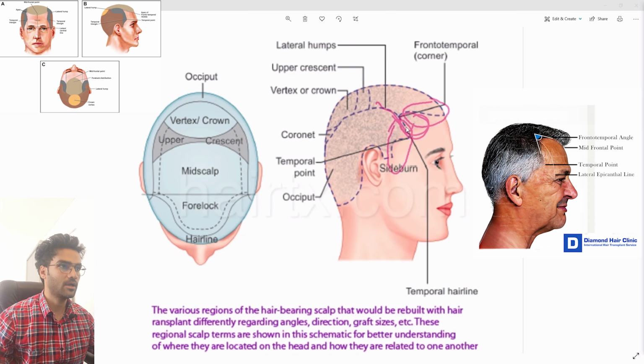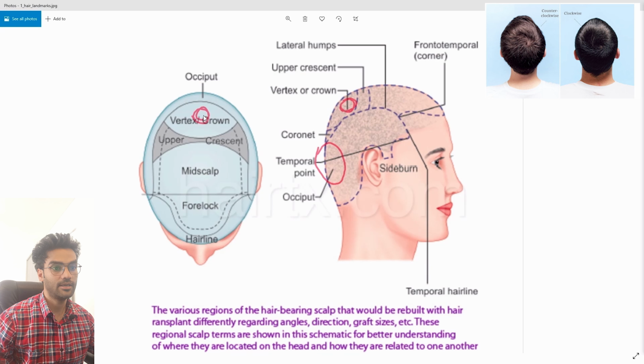Let me introduce some important aspects: this frontal temple and side, here the back temple point, and here on top of the head what we call the vertex or crown area. This is where the hair actually grows from, its roots. There is a lot to understand with this hair anatomy.